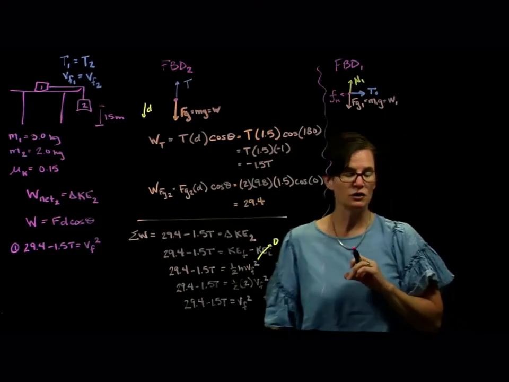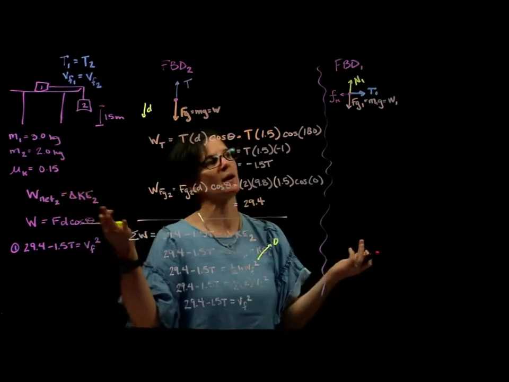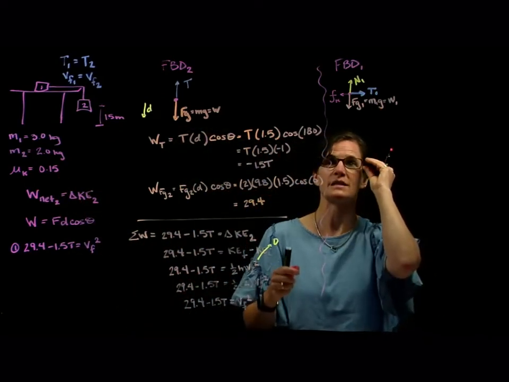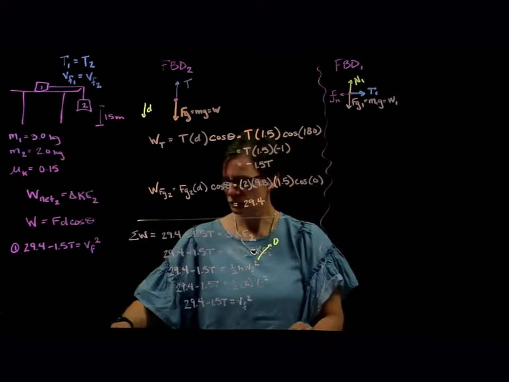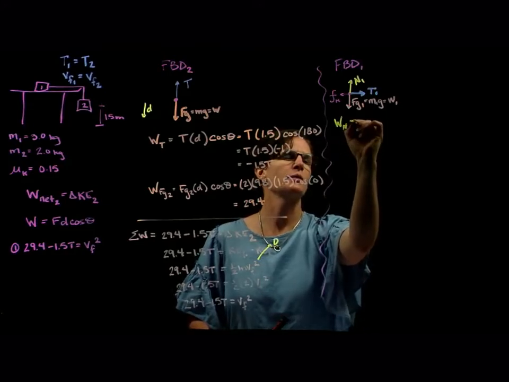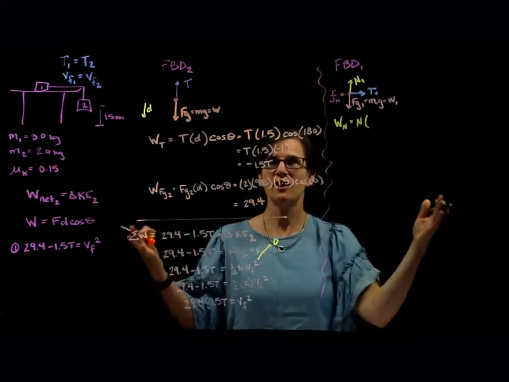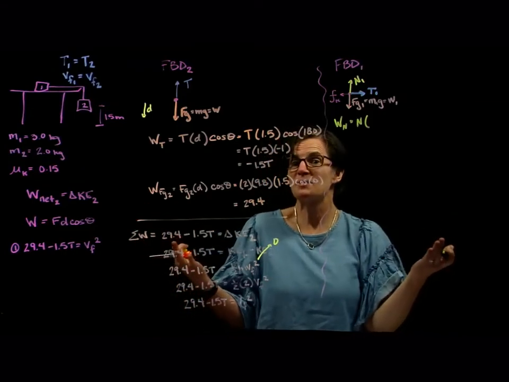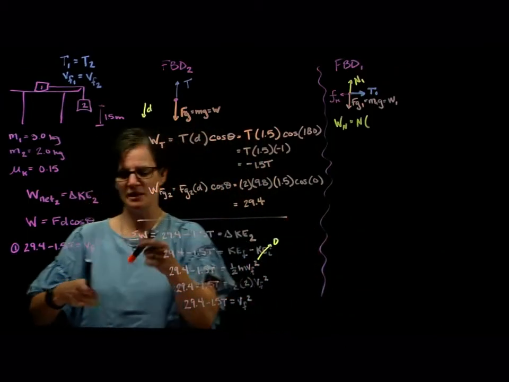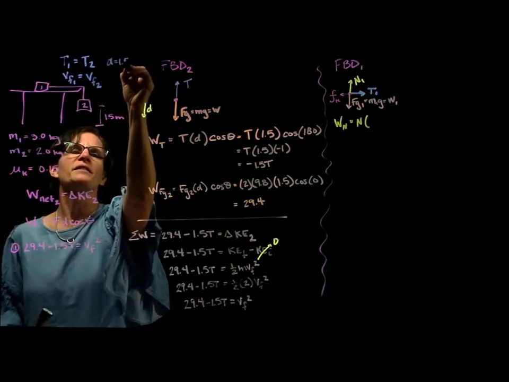All right, so same process. The net work is equal to the change in kinetic energy of block 1. So let's look at the work being done by each one of these forces. So the work done by the normal force, well, that would be N times how far it goes. How far does it go? Well, it's moving with block 2. So block 2 travels 1.5 meters. Block 1 travels 1.5 meters.